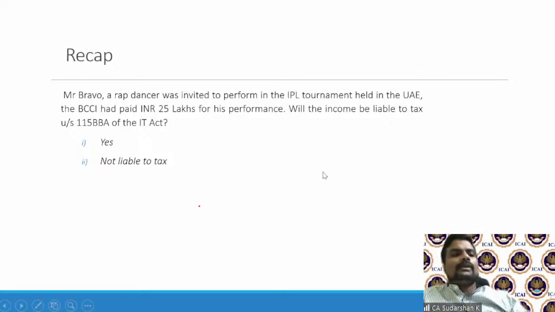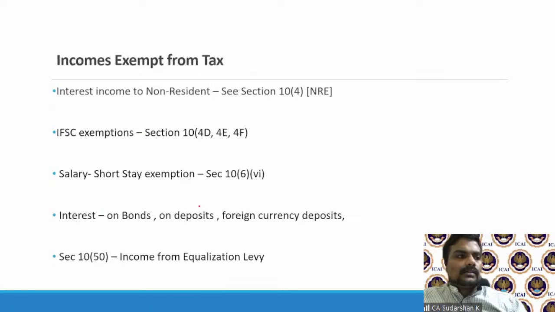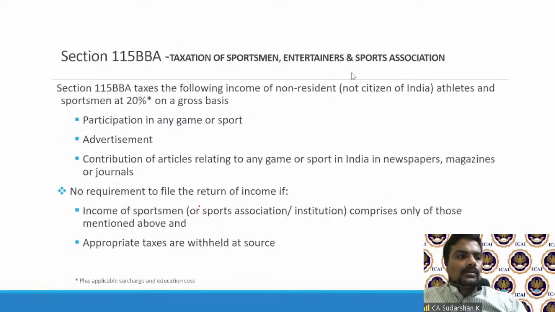So 115BBA, as you may know, the main aspect is participation or entertainment. They are performance based. When I say performance based, obviously there has to be a physical element of performance.